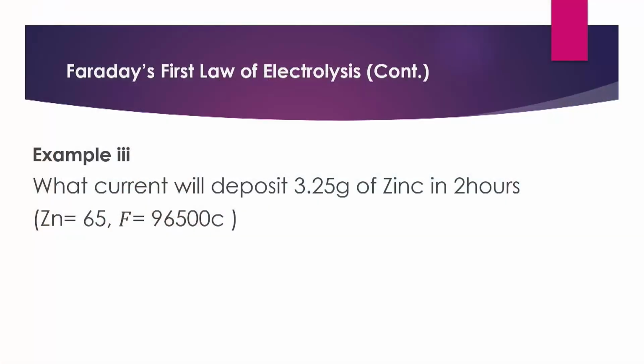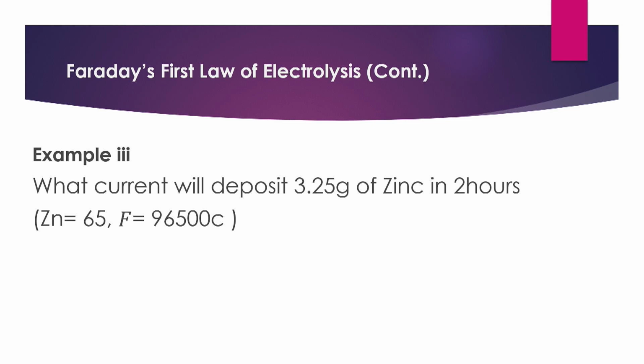The equivalent of 2 hours in seconds is 7,200 seconds. We have changed the 2 hours to seconds. The other information given is the relative atomic mass, 65, and Faraday, 96,500.